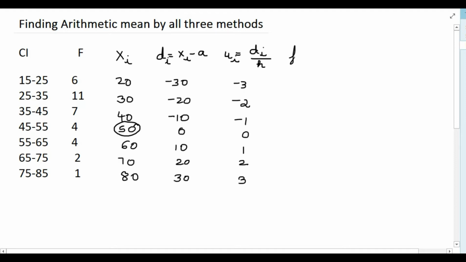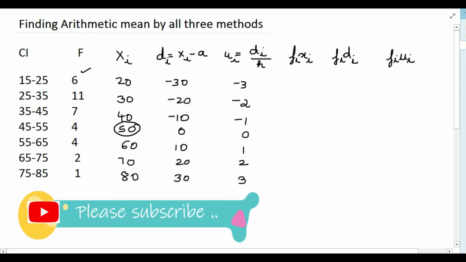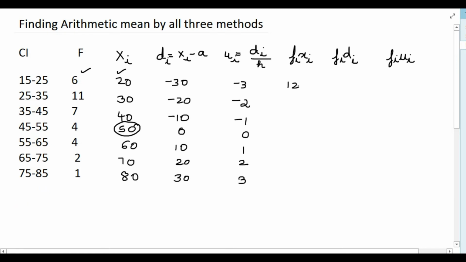Now you need to find out fi xi. Fi xi we will use in direct mean method formula. Then fi di you will use in assume mean method, and the last column will be fi ui, that you will use for step deviation method. So fi xi means you need to multiply 6 into 20. 6 into 20 is 120.